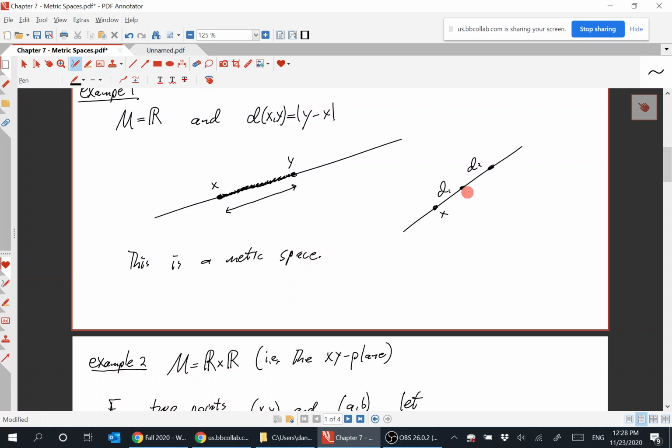Right? I mean, if z is inside here, what's the distance from x to y plus the distance from y to z in the case that I've drawn here?